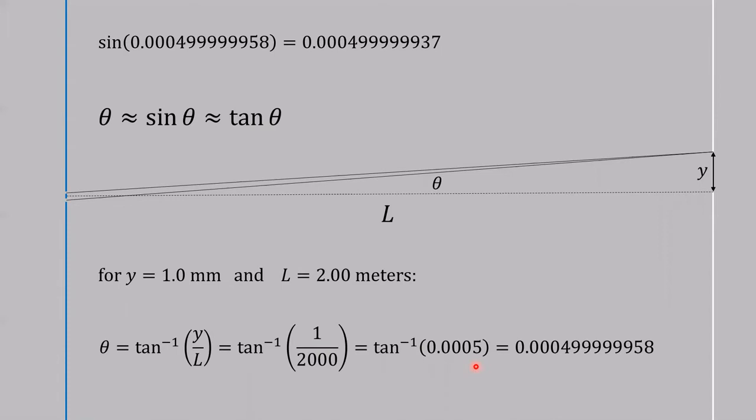All three of those numbers are super close to each other, so you're totally justified in interchanging them, because the error involved in using theta rather than the tangent of theta, or in using sine of theta rather than tangent theta, is tiny. Look at the difference between the sine of theta, that's this number, and the tangent of theta, which is 0.0005. They're practically the same.